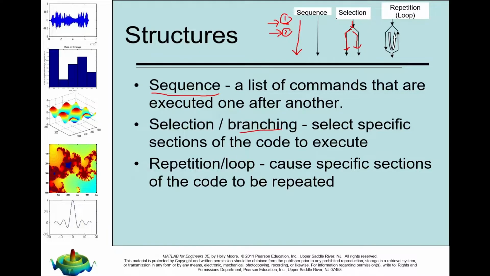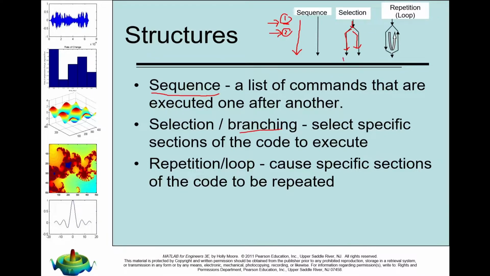This is just a simple example, so we use the simple two branches. As the name suggests, a selection structure allows the programmer to execute one command or a set of commands if some criteria is true.